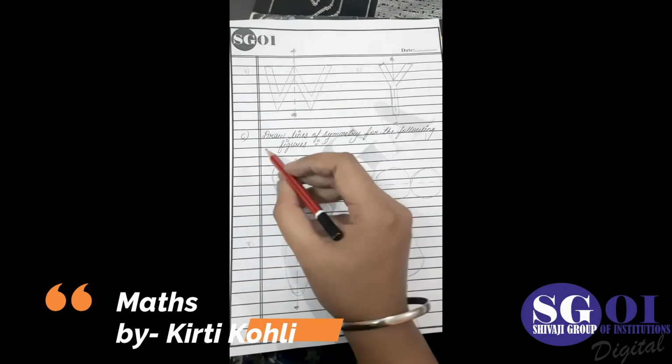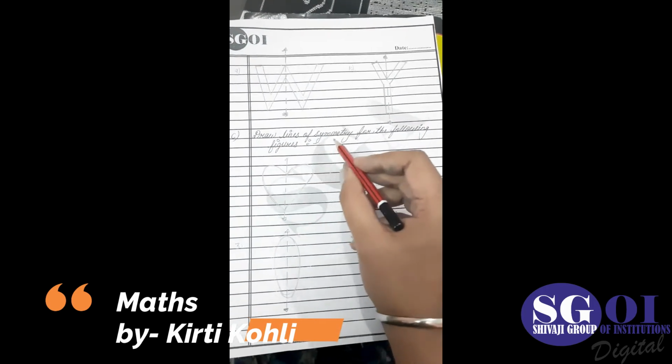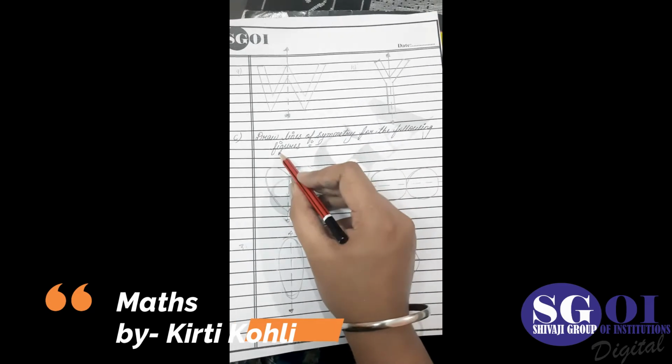Now your question C: draw lines of symmetry for the following figures.